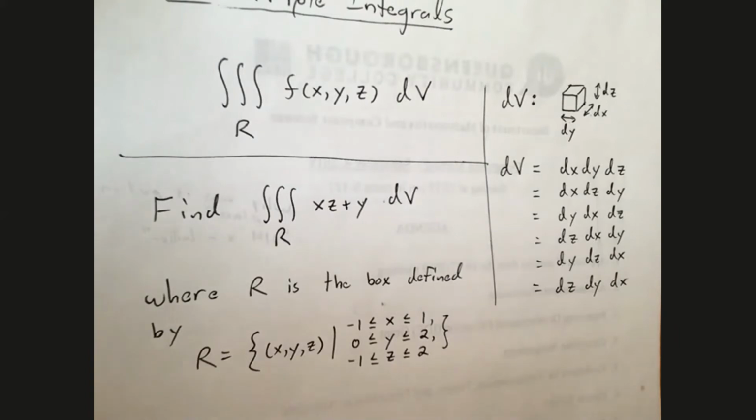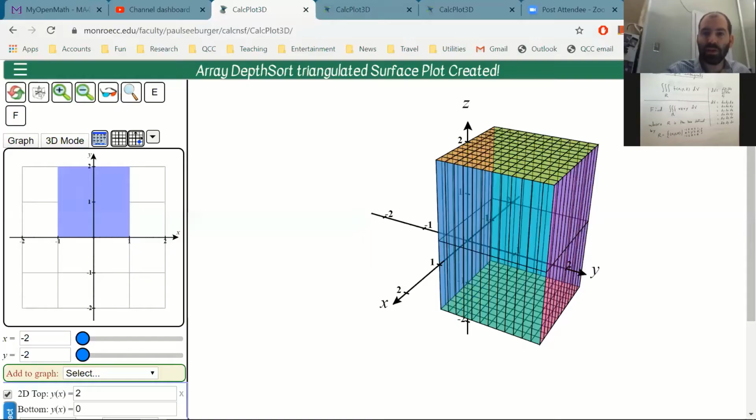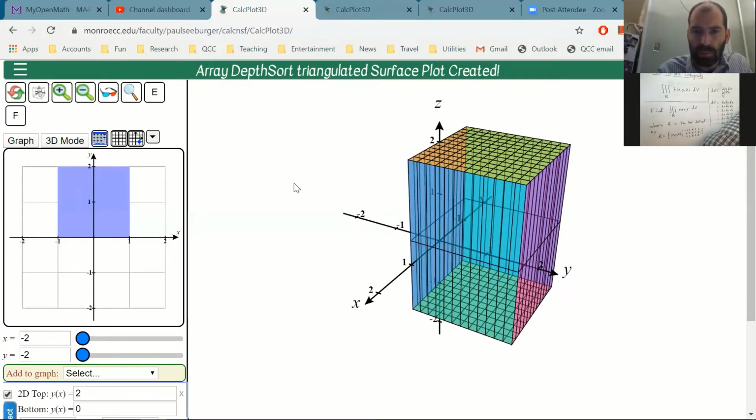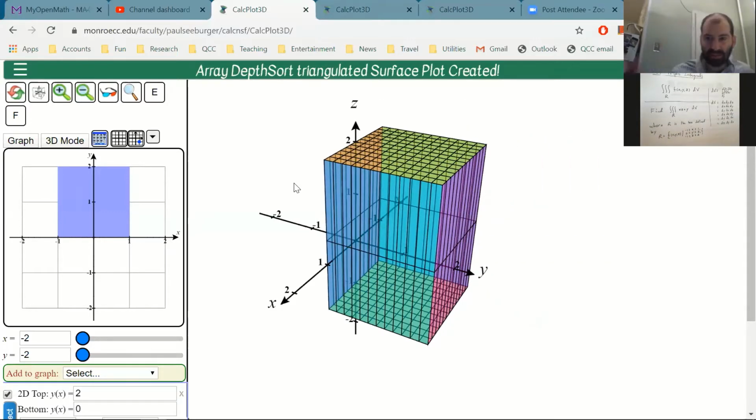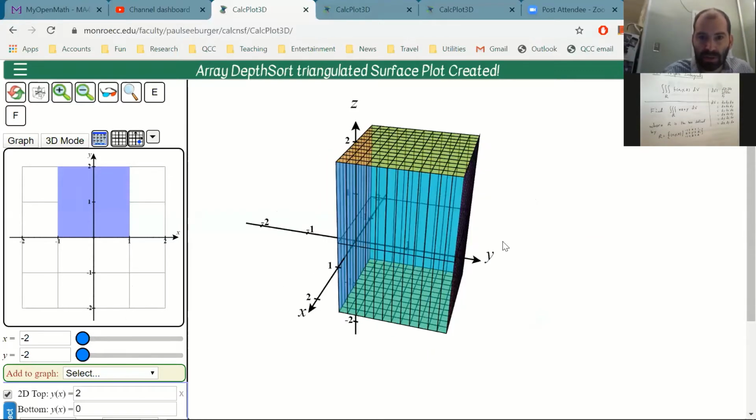So what I'm going to do is I'm going to go to CalcPlot 3D, and we're going to look at this box in 3 dimensions just to get an idea of what we're dealing with here. So here we go. You should be seeing a picture of a 3-dimensional box. Okay. So I've set it up in CalcPlot 3D ahead of time to just show you what we're dealing with.